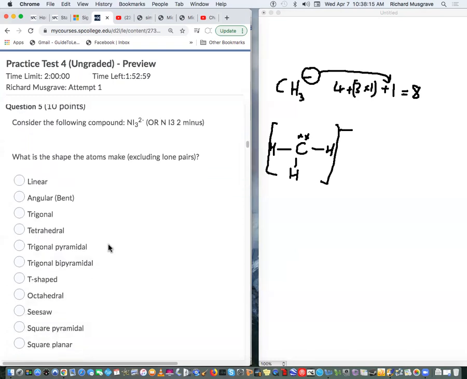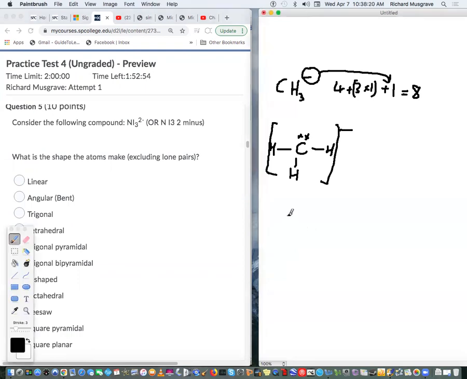Let's look at the shape of the atoms for NI3 2 minus. And that would be 5 plus 3 times 7 plus 2. That's 28, I believe. So N, we've got 3 I's.